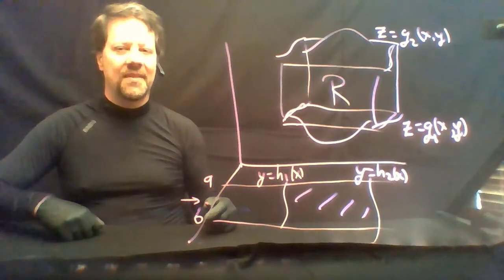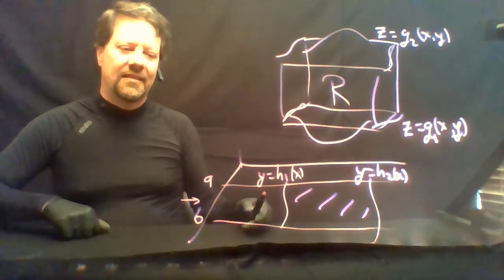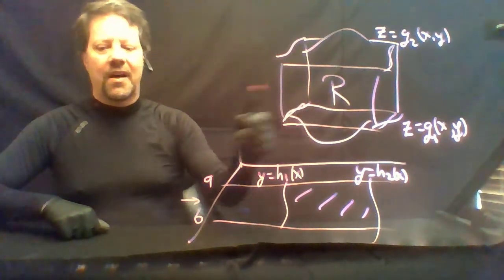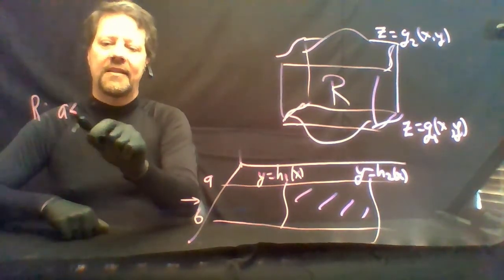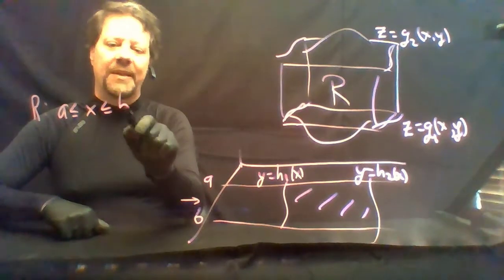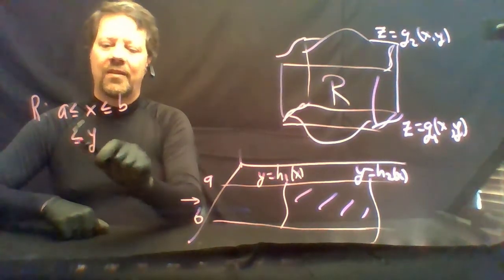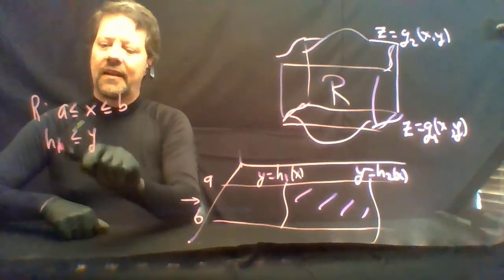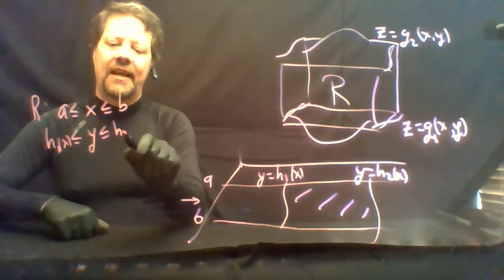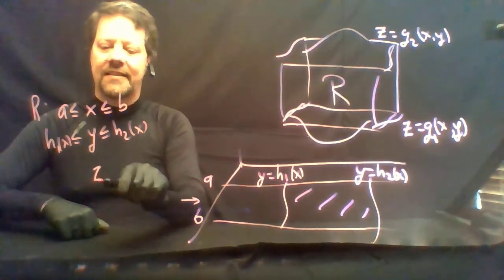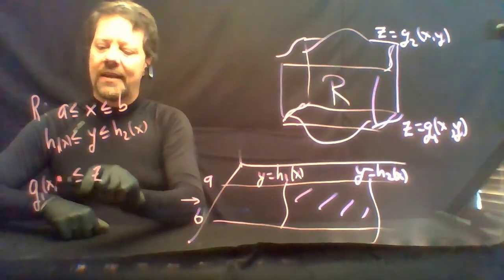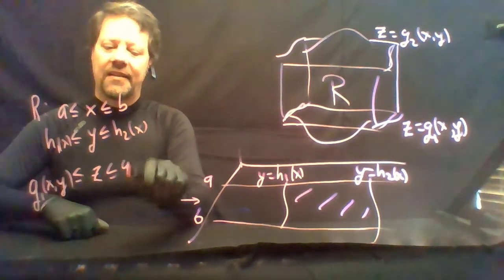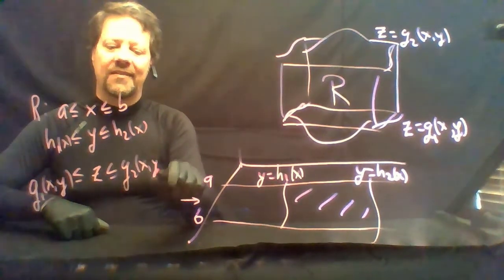In this case, the region R is described as follows. a is less than or equal to x is less than or equal to b. y is between h1 of x and h2 of x. And z is between g1 of x, y and g2 of x, y.